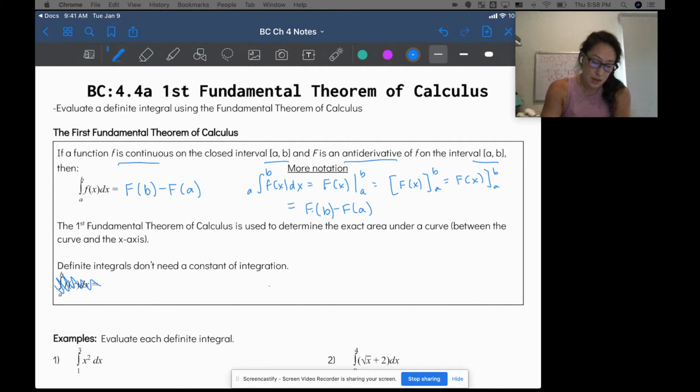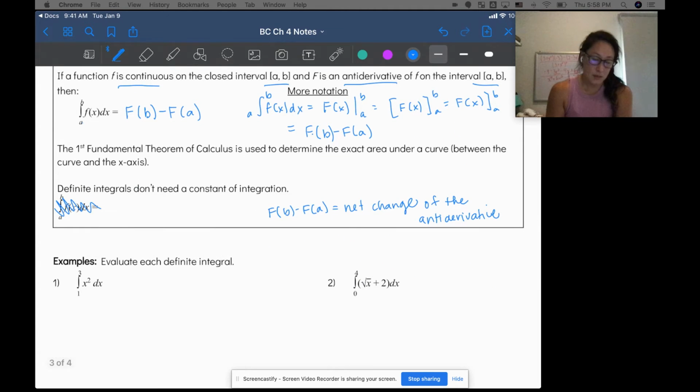So F of b minus F of a is equal to the net change, the change in y of the antiderivative, so the original function. If we were taking the integral of velocity, then we would be finding the net change of the position.